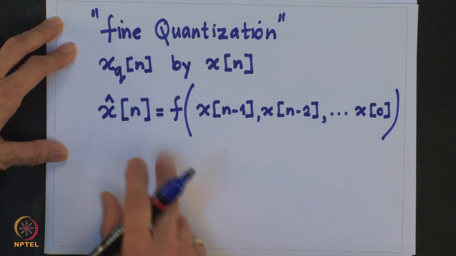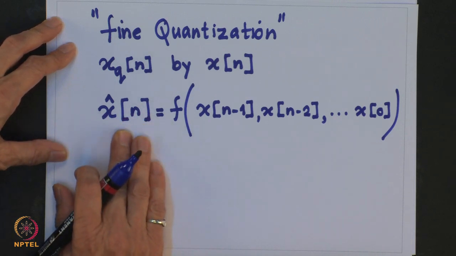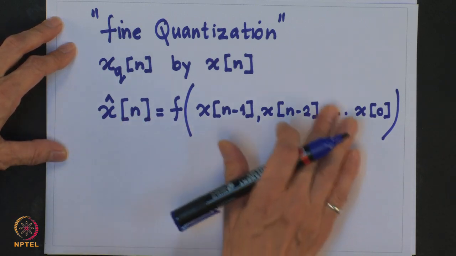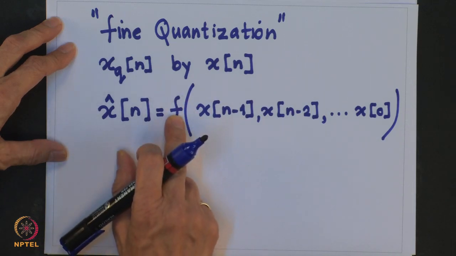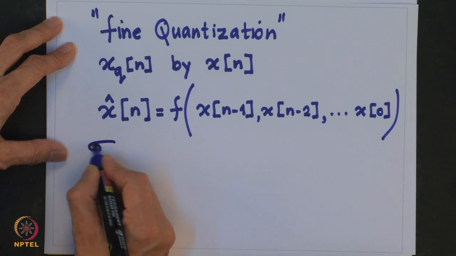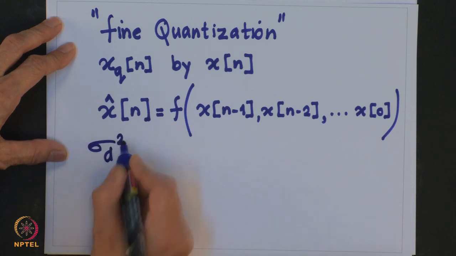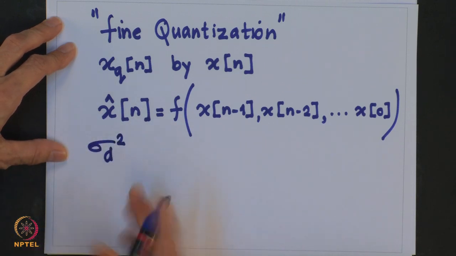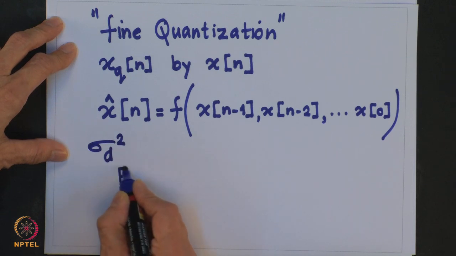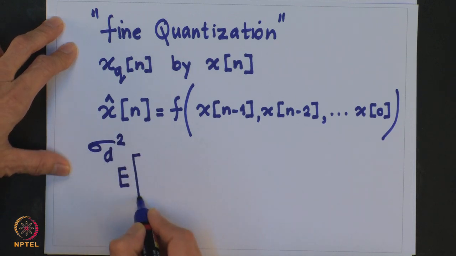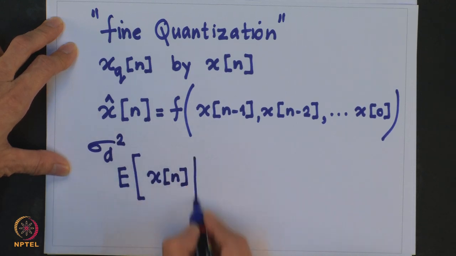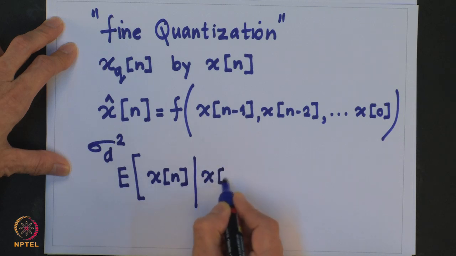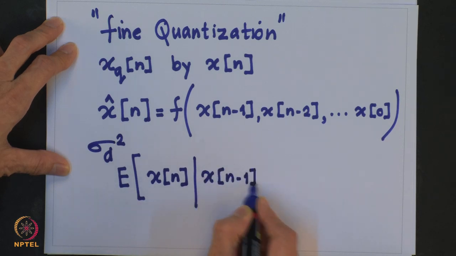Now, from the study of random processes, we know that for a stationary process, the function that minimizes the variance of the difference is the conditional expectation of the sample xn given the past samples.